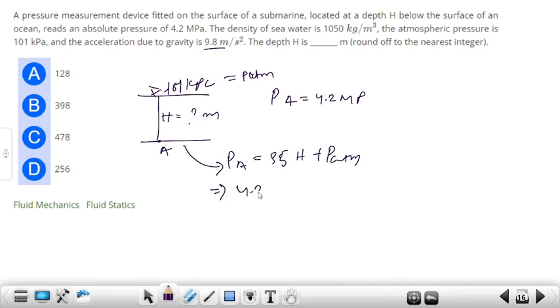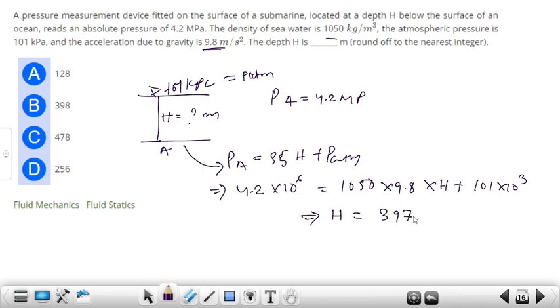So PA, given 4.2 megapascal, which is 4.2 into 10 to the 6 Pascal, is equal to rho, 1050, the density of seawater, times g, 9.8, times the height we have to find, plus P atmosphere, given 101 into 10 to the power 3 Pascal. After calculating we get height is equal to 397.9, which is about 398 meters. Answer will be option B.